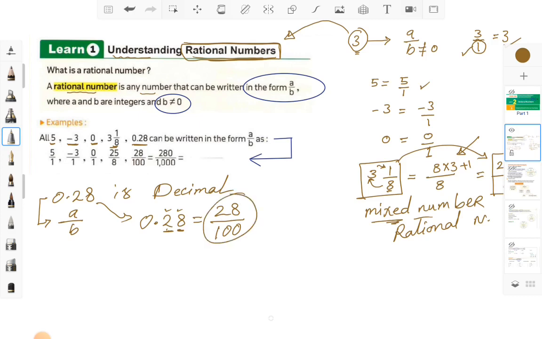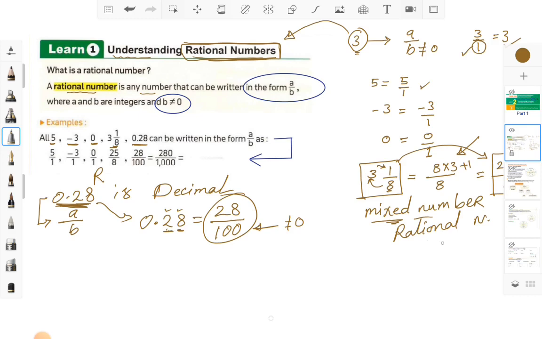Now I get the picture of a over b, and b is not equal to 0. So this decimal number is a rational number. Okay.